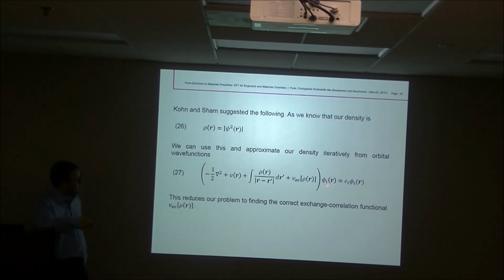So what we need to find is, at first, of course, the correct one-electron functions, so the correct orbitals, and the correct exchange and correlation functional. And how we find these, I will tell you in the next session. Because this would be a little bit too much for today.